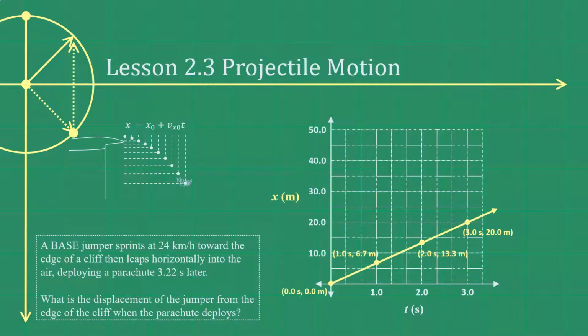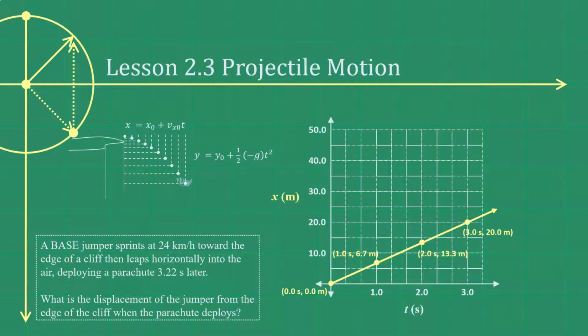In the y dimension, I'm going to use this equation. This is my parabolic equation. Keep in mind that for a horizontally launched projectile, there is no initial speed in the y dimension, and that means that my parabola is going to start either at a maximum or a minimum.